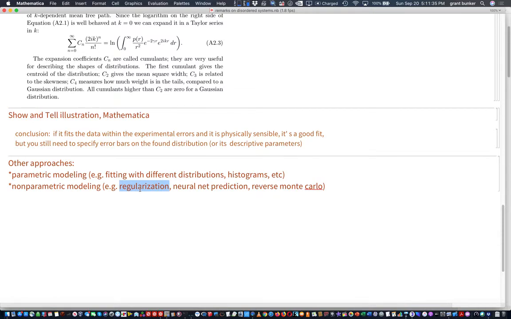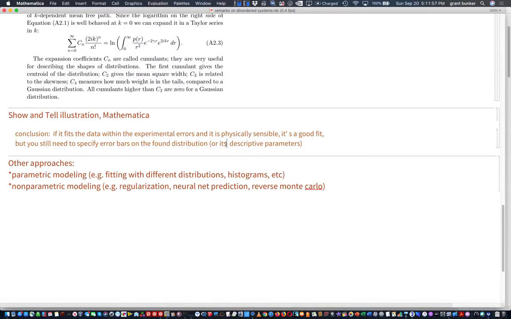And with reverse Monte Carlo, the same kind of deal. In some sense, reverse Monte Carlo is parametric in some ways and not in others. It's a kind of minimization strategy in some ways, and there are variants of that too that you could go a long ways with.